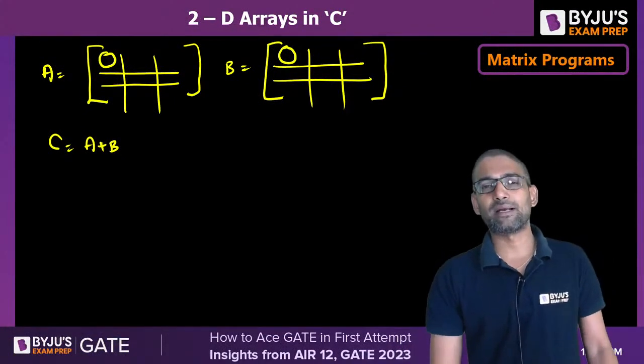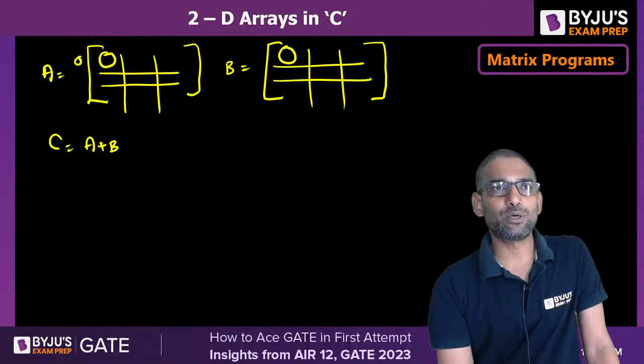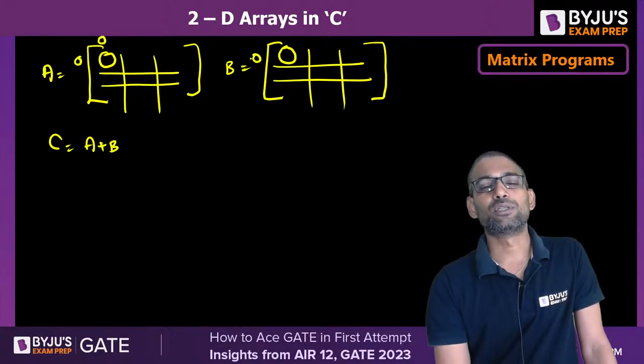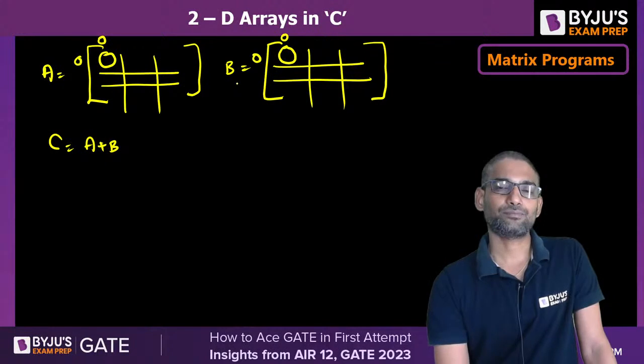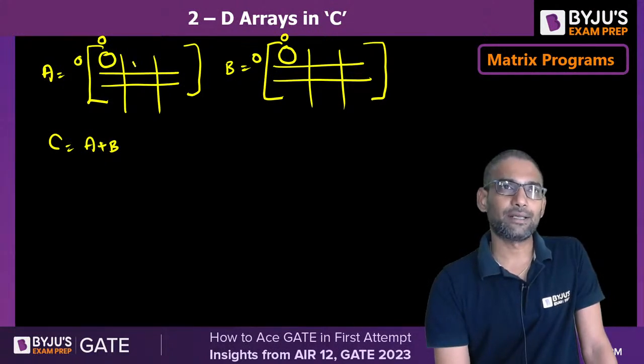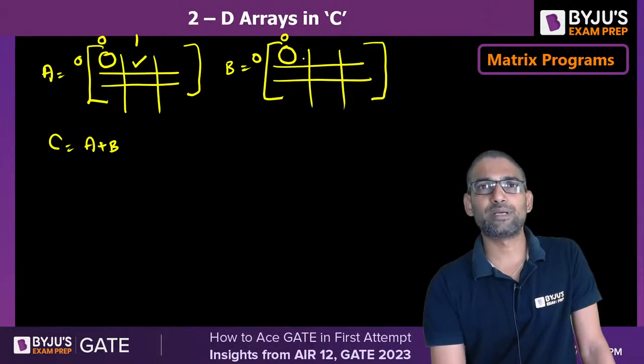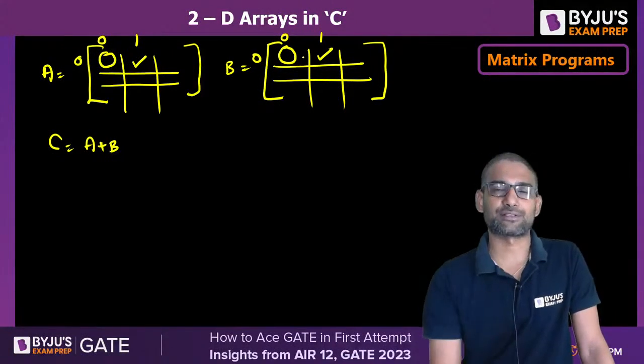And how am I adding? 0th row, 0th column value of A matrix should be added to 0th row, 0th column of B matrix. Similarly, 0th row first column of A matrix should be added to 0th row first column of B matrix.